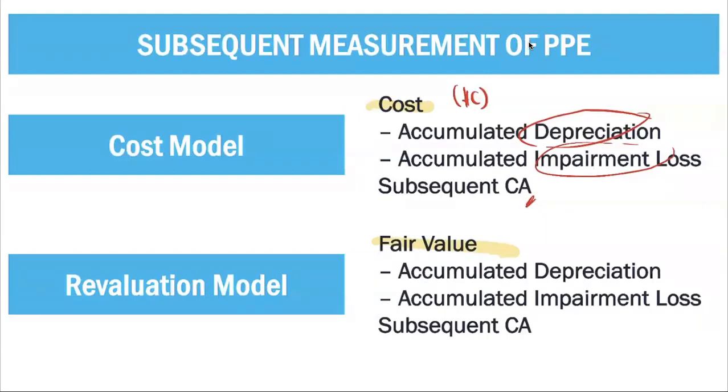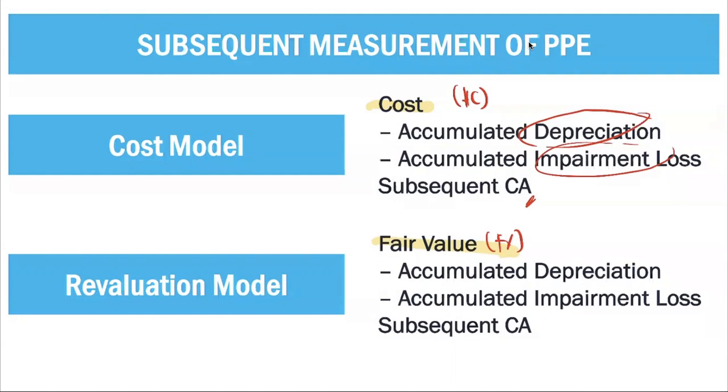However, for the revaluation model, we get your fair value. So we get the fair value based under IFRS 13 or PFRS 13 fair value measurement. And then we deduct your depreciation and your impairment to subsequently measure it. Okay, so again, we have two models to subsequently measure PPE, cost and revaluation.